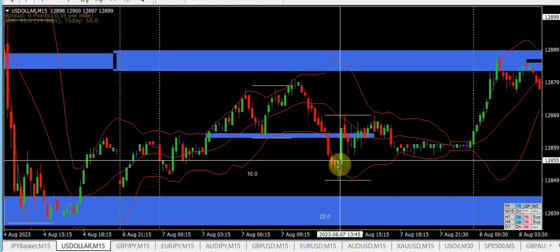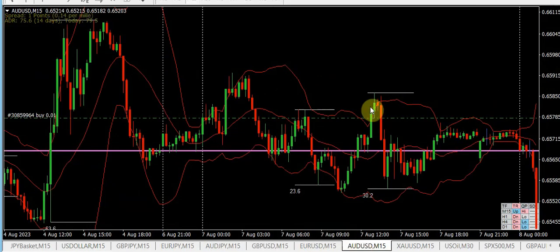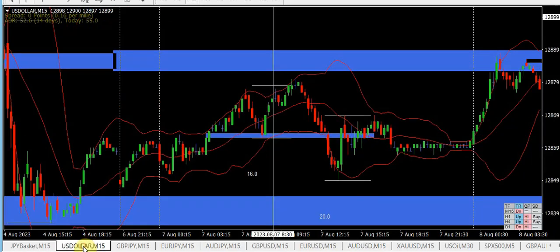So there are times when following the actual cross pair will get you into the trade, whereas you will miss it just following the dollar index.